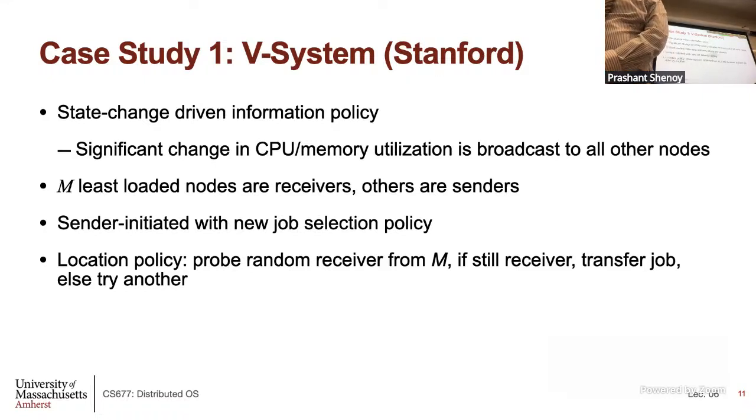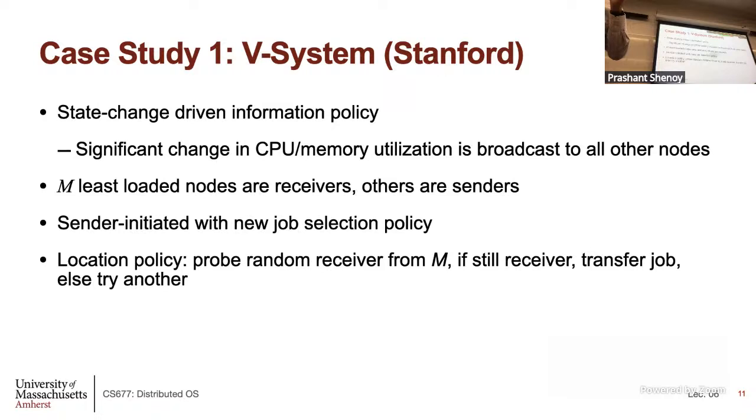Yes, you have an answer to the question. There is a slight delay where everyone sees that node as unloaded, and then everyone tries to send to that one node. Yeah, so if you just pick the least loaded and try to send jobs, there are multiple senders in the network. They might all suddenly offload their jobs to that one node, and it becomes heavily loaded.